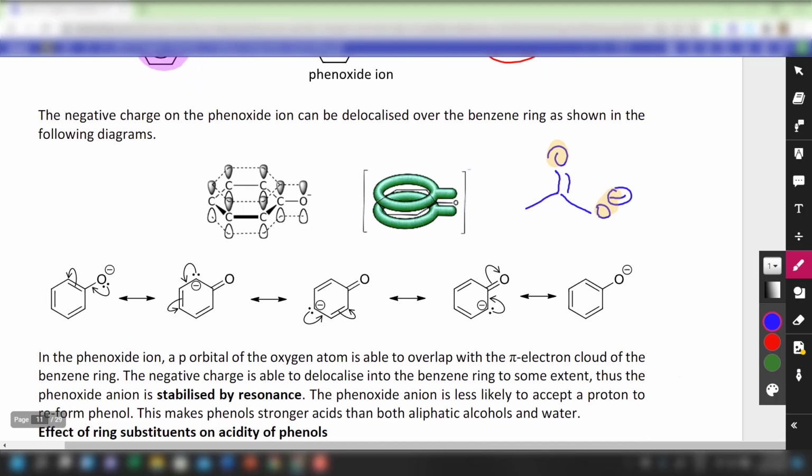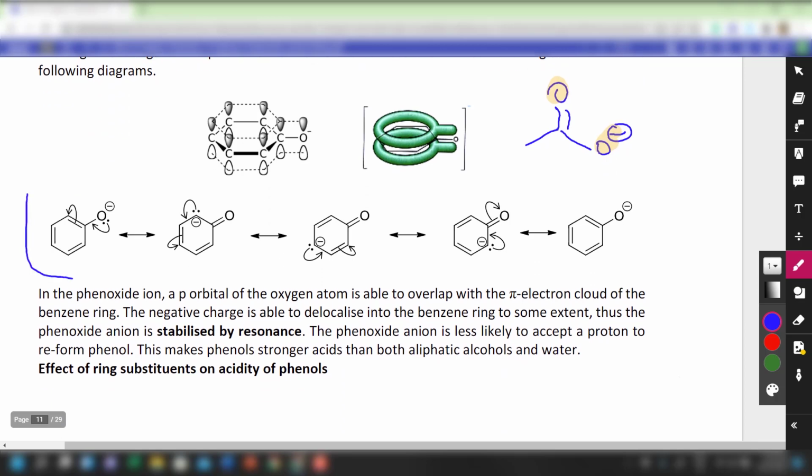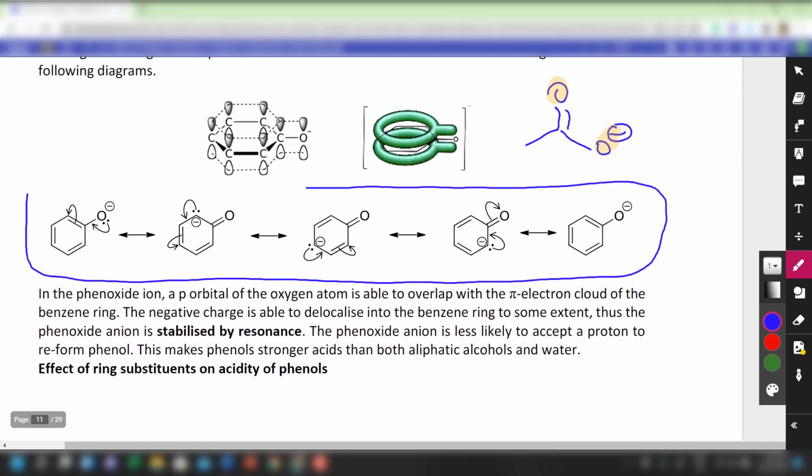This particular diagram showcases the delocalization of the negative charge on oxygen into the phenol ring by drawing the appropriate resonance structures. Your friends doing H3 should be able to explain this a little bit more to you, but for today's context, I'm not going to explain it.